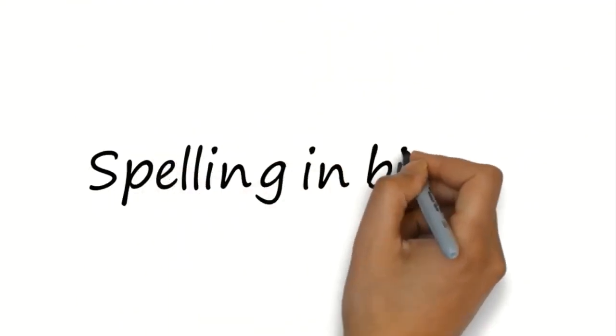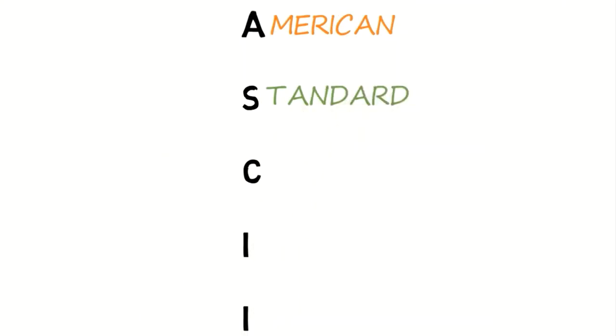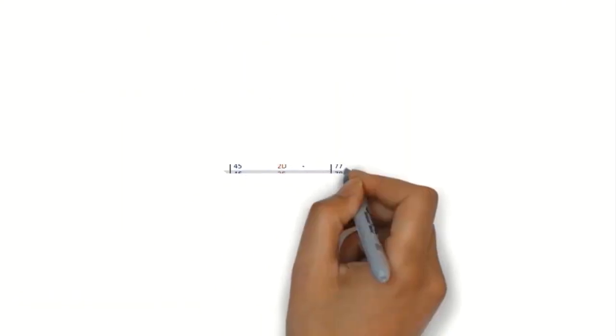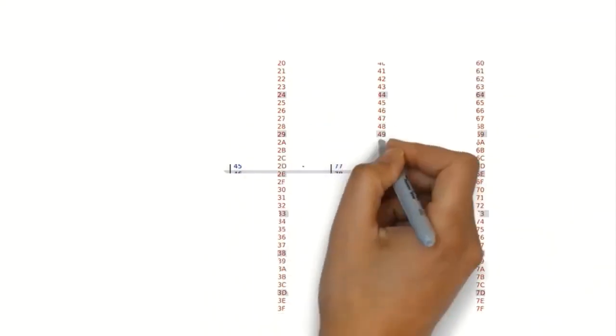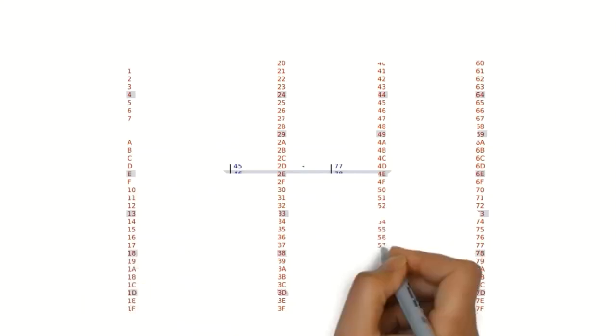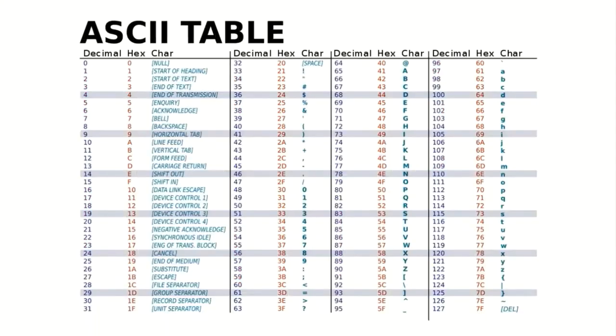How to spell things in binary? This means how to spell things in ASCII. American Standard Code for Information Interchange is a way to convert computer data, which can only be numbers, into letters. ASCII simply assigns a character to each value represented by a byte of binary.